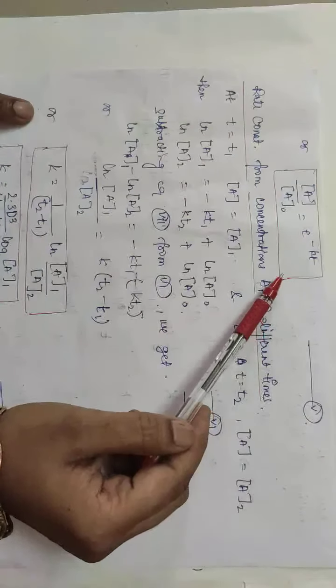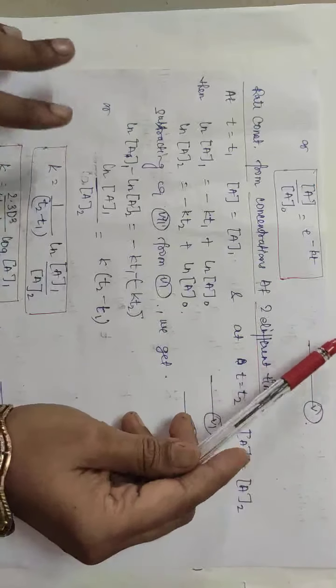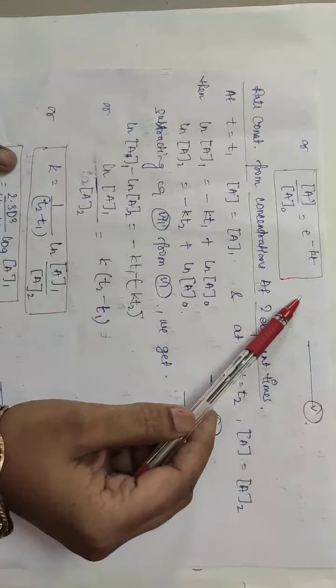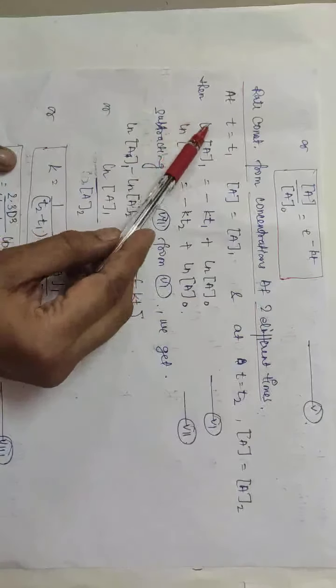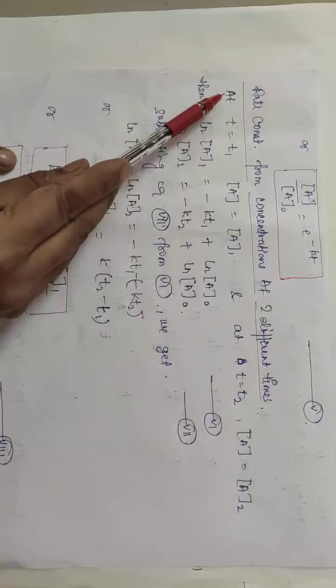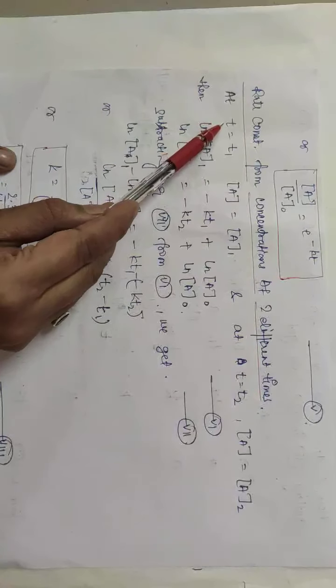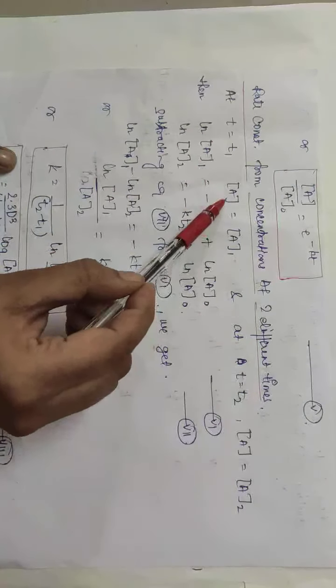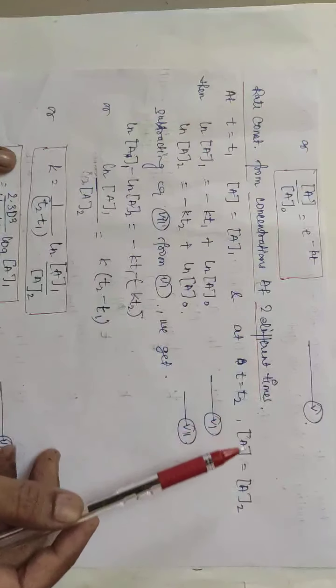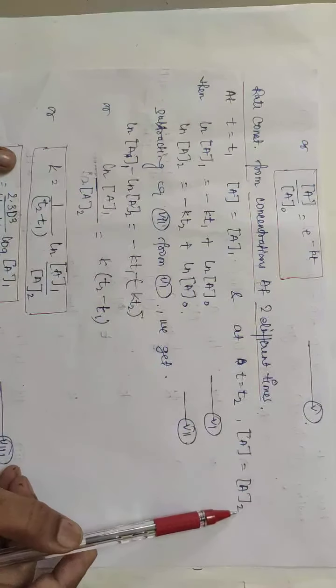Now if concentrations at two different times are given, then to find the rate constant we can write: at t equal to t1, suppose the concentration is a1, and at t equal to t2 the concentration is a2.